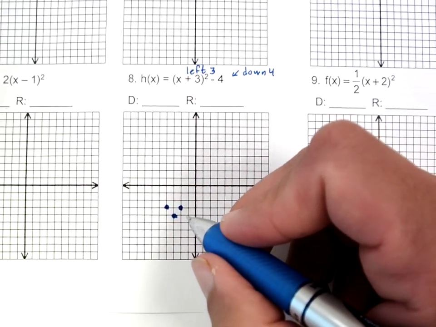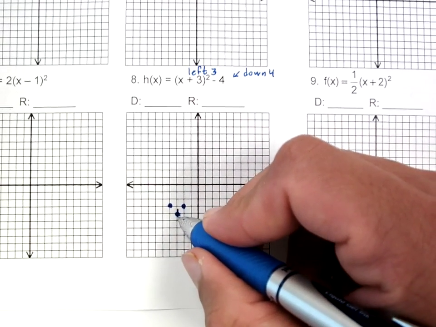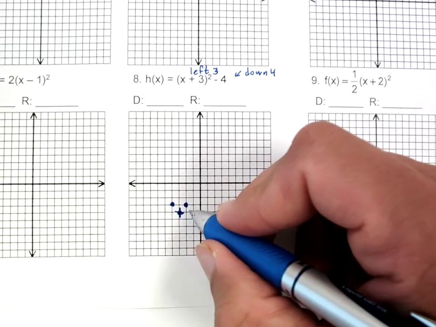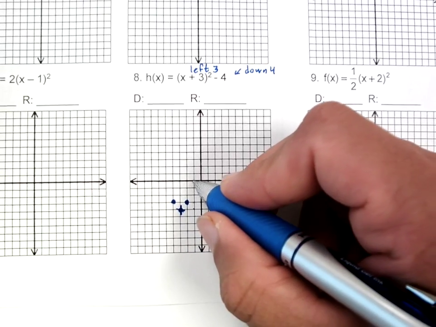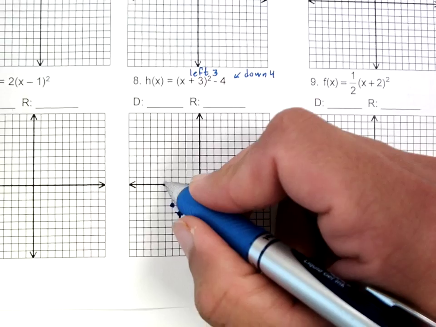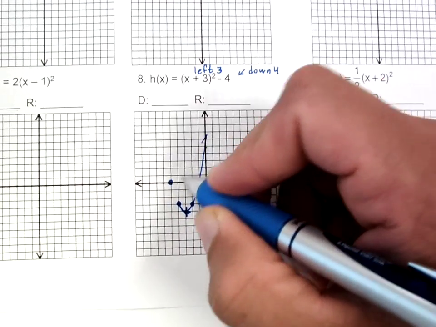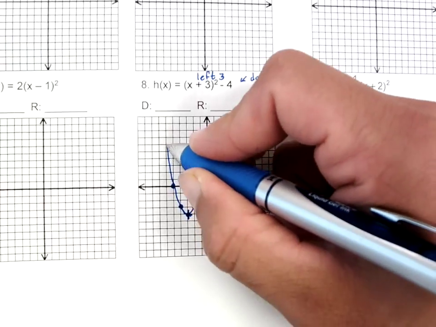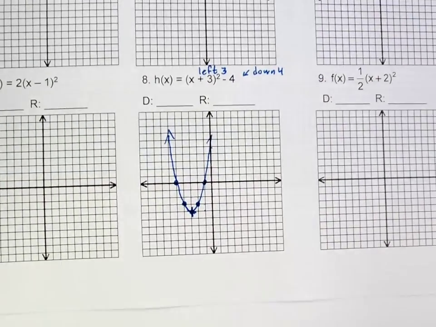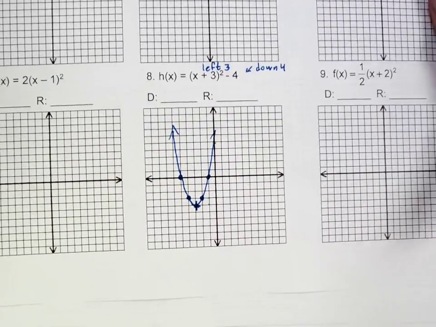Then I have 2, 4. From that point, pretend this is your fake origin. 1, 2, 1, 2, 3, 4. And 5 points, that's all I need. This is going to look like that.